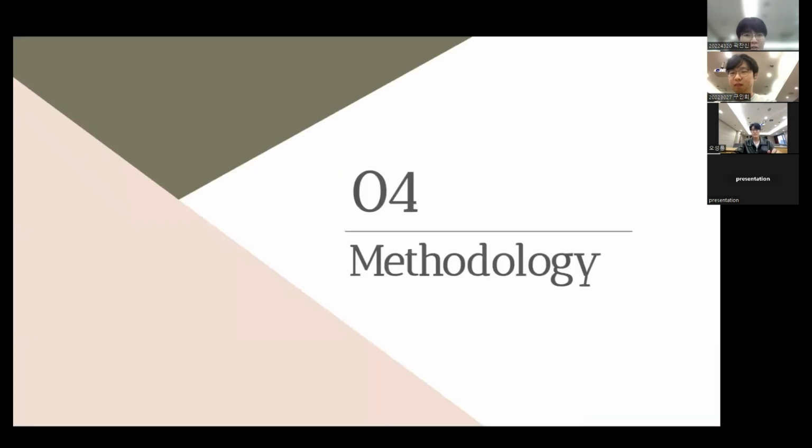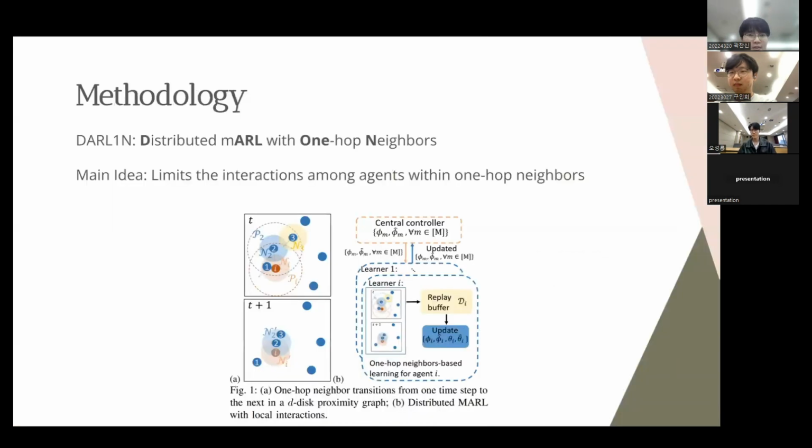Now let's talk about how DARLING approached this problem and how it achieved better performance than previous works. As the name, distributed MARL with one-hop neighbors, implies, their main idea is to limit the interactions among the agents within one-hop neighbors to reduce the learning complexity.